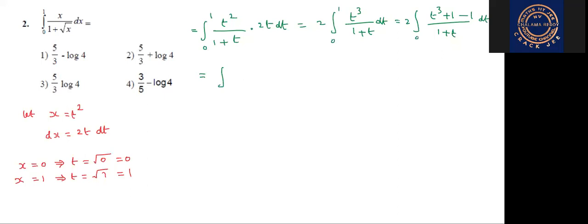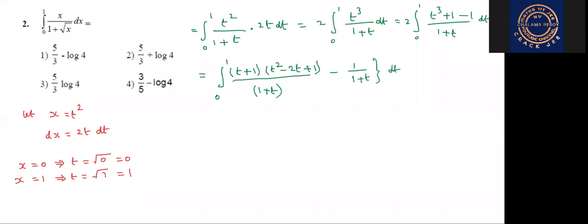What is the a cube plus b cube formula? A plus b into a square minus ab plus b square, divided by the denominator 1 plus t. Then observe the second term, minus 1 by 1 plus t.